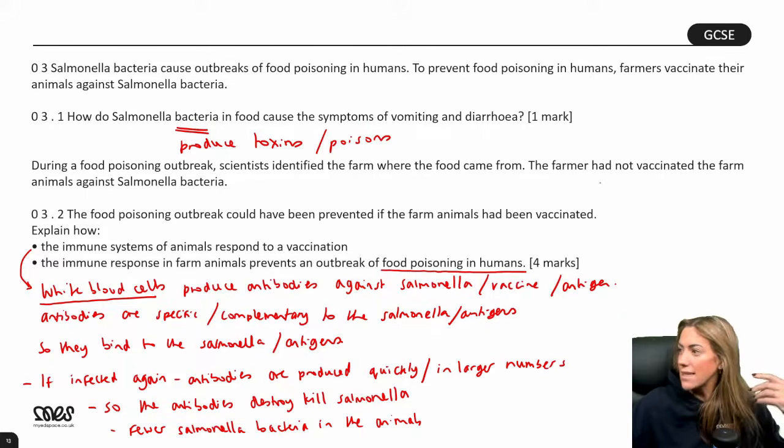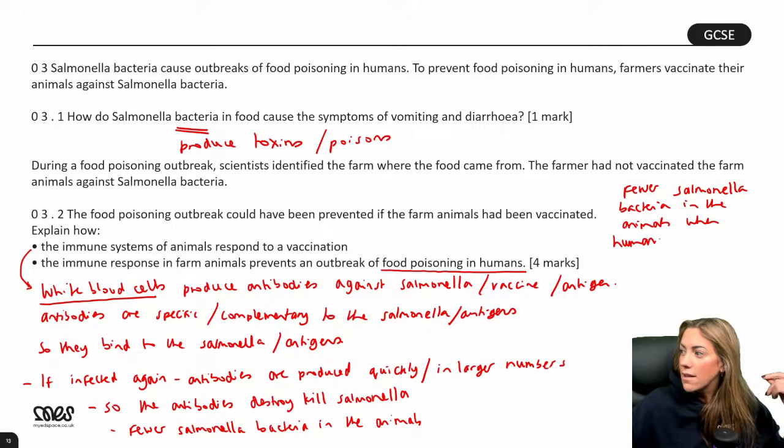What that means is fewer salmonella bacteria in the animals when humans eat them. Or you could say when humans eat their meat, or when humans drink their milk, or when humans eat their eggs. There's going to be fewer salmonella bacteria in the animals when humans eat them.